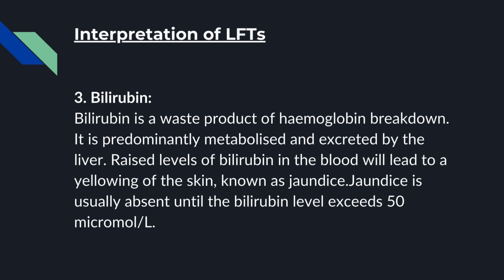Bilirubin. Bilirubin is a waste product of hemoglobin breakdown. It is predominantly metabolized and excreted by the liver. Raised levels of bilirubin in the blood will lead to a yellowing of the skin, known as jaundice. Jaundice is usually absent until the bilirubin level exceeds 50 micromoles per liter.